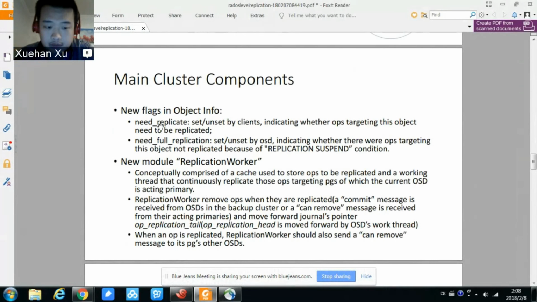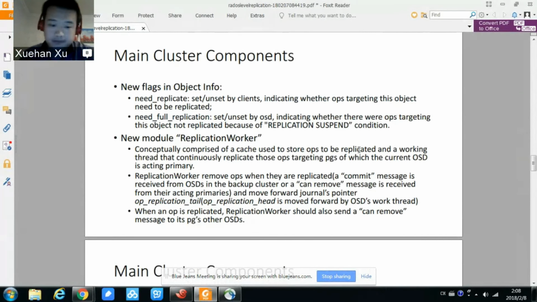So we think we need to add a new flag, need replicate, in the object info, indicating whether ops targeting this object need to be replicated. And this is set by clients. We also need another flag, need full replication, indicating whether there are ops targeting this object that were not replicated because of those replication suspend conditions.